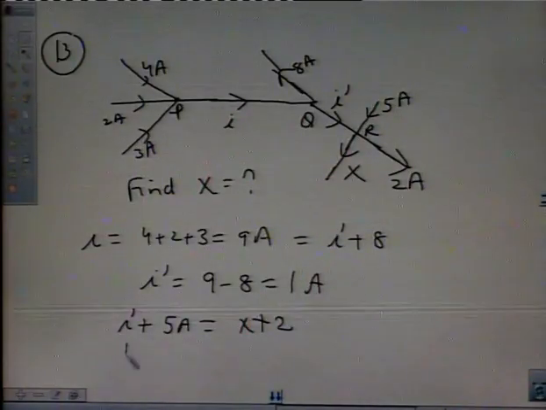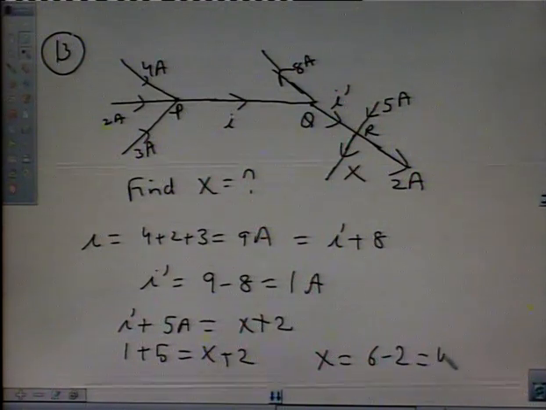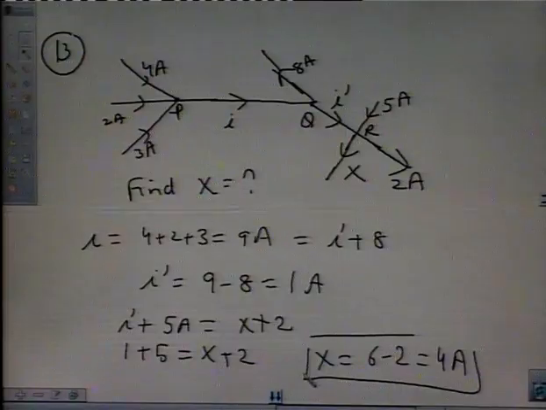So I dash is 1 plus 5 is equal to X plus 2. So we get X is equal to 6 minus 2, which is 4 ampere. So by applying Kirchhoff's first law, which is called current law or junction rule, we can find the value of unknown current through any branch of the circuit.